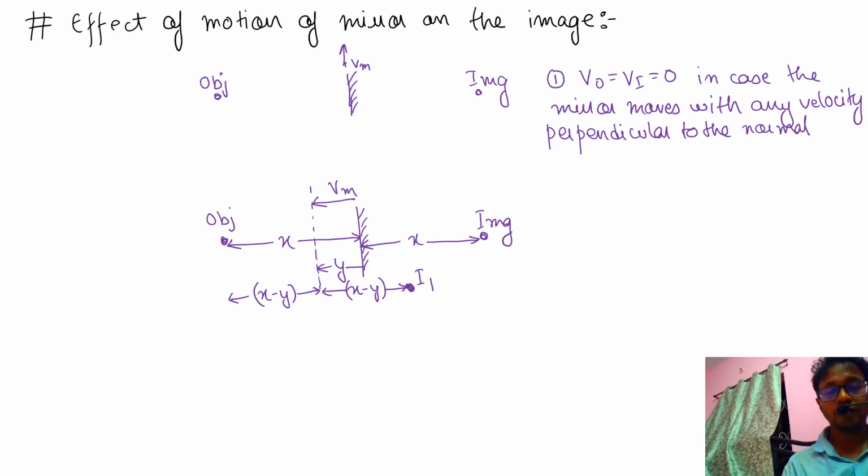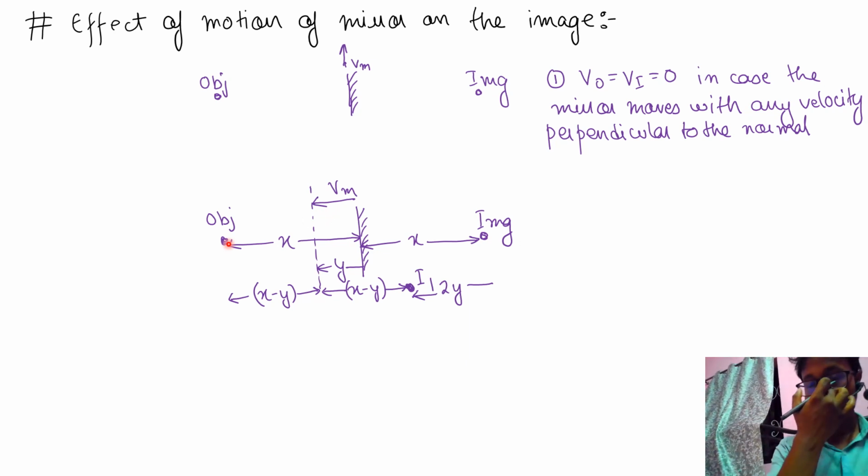Now how much distance did the image move by, or what is the distance from here to here? If we calculate x plus x minus x minus y minus x minus y, we get this distance as 2y. Calculate and check it. So from our calculation, if the mirror moved by y distance, the image is moving by 2y distance, and it is along the direction of movement of mirror.